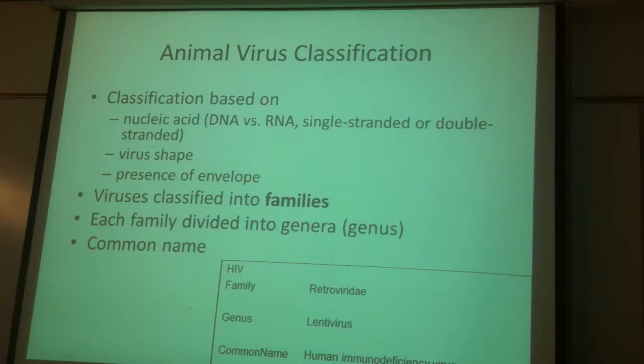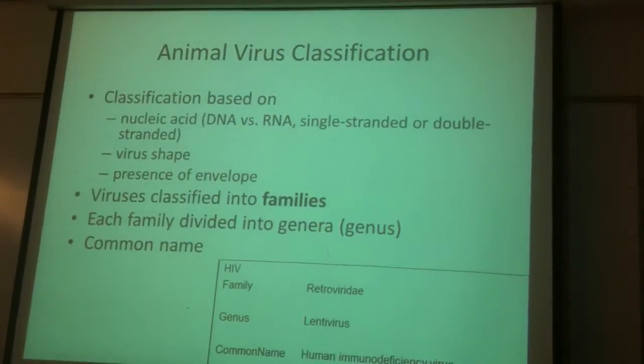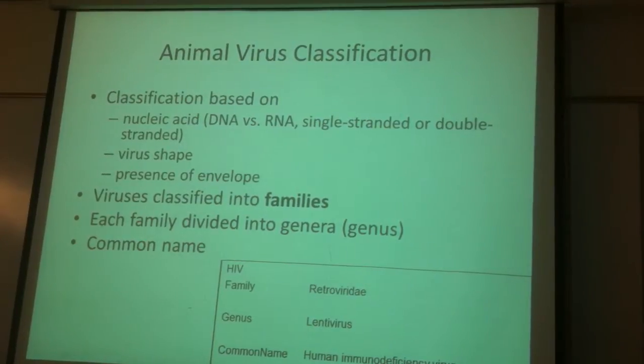These viruses get classified into families, sometimes with a genus, which is the general level, and then you also have your common name. They're not quite as fully branched out as our classification for organisms.